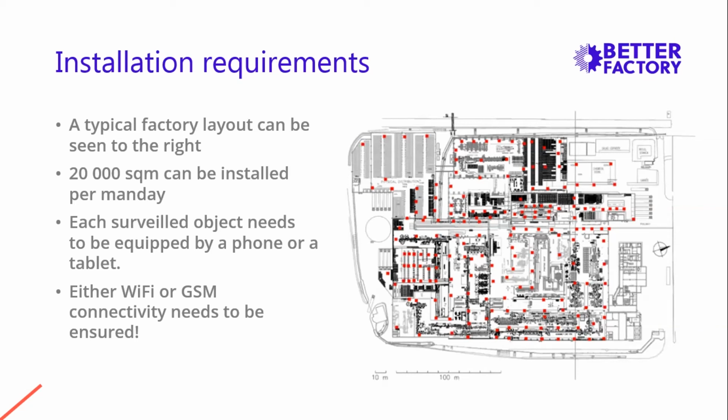Now, the issues to expect, there are basically 2 issues that come about all the time. One is connectivity. We can use either Wi-Fi or we can use mobile network. Both of them are fine, but in order to get good data, you need steady connectivity. Otherwise, you'll have gaps in it, and it won't be as efficient as it could be.